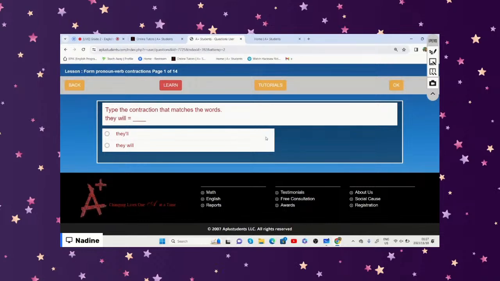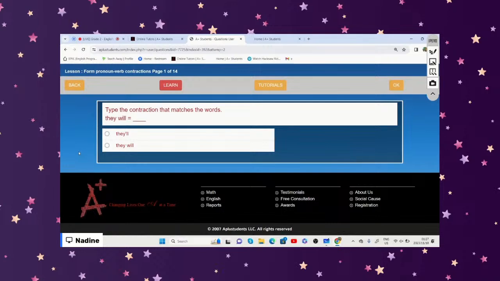Is it they'll or is it they will? What is our contraction? Remember, it is a shortened word that we form with two words. And remember, add the apostrophe also so that we can see the contraction. If there's no apostrophe, it means that that is not a contraction.